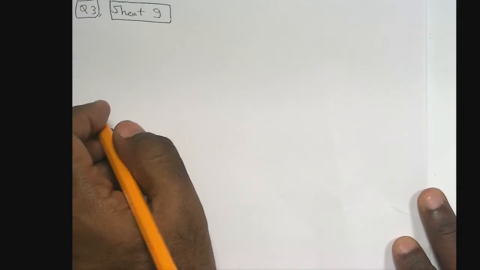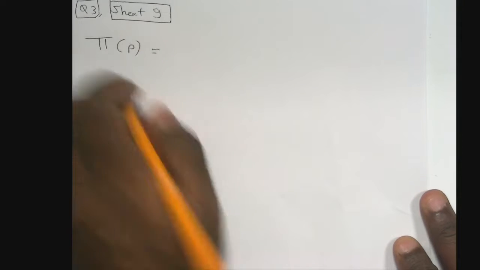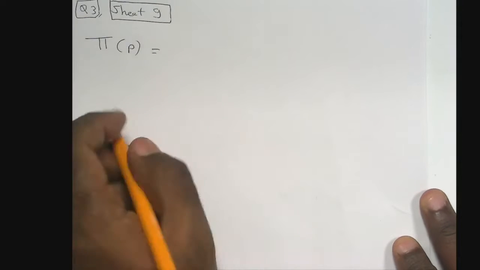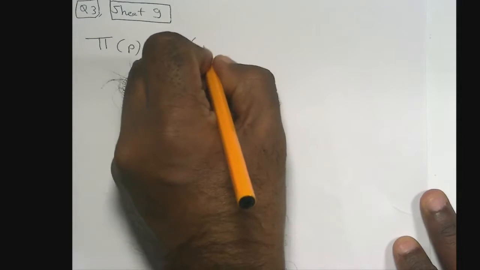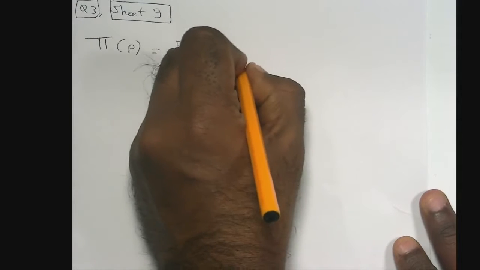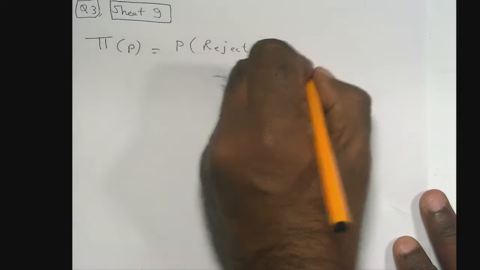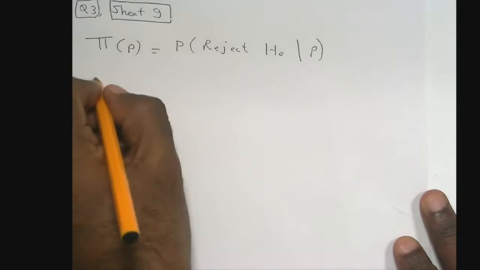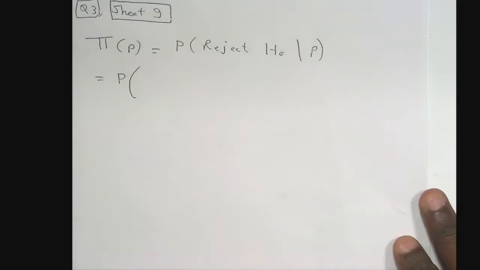Now we want to find pi at p, because the parameter of interest is p, not theta anymore. So it's the probability of rejecting H0 given the value for p. If you look at the lecture notes, guys, you will see the rule I gave you. What is the rule I gave you?